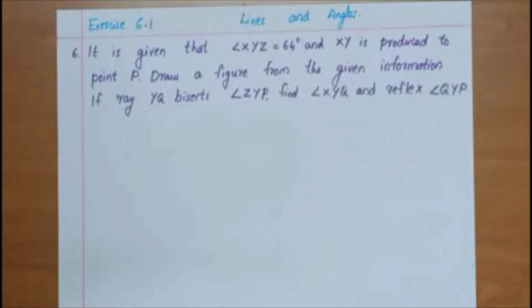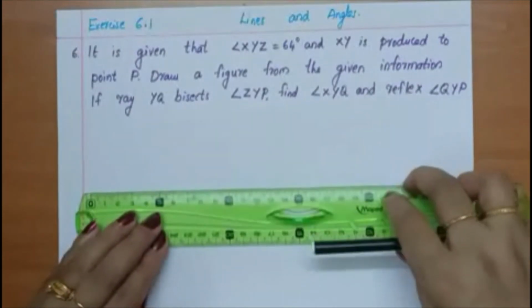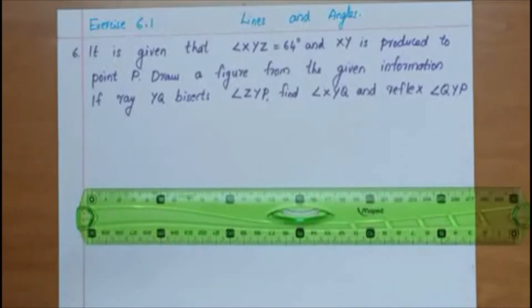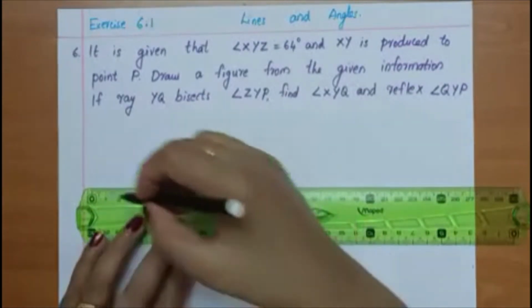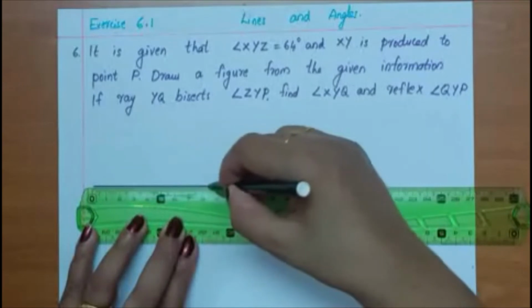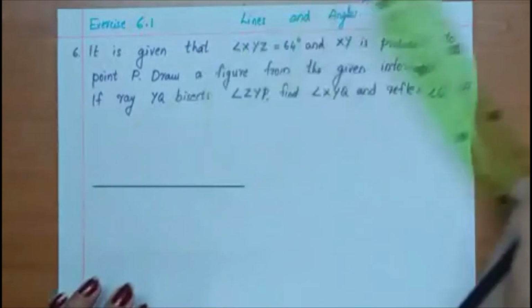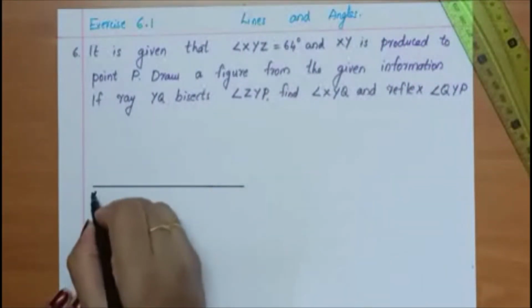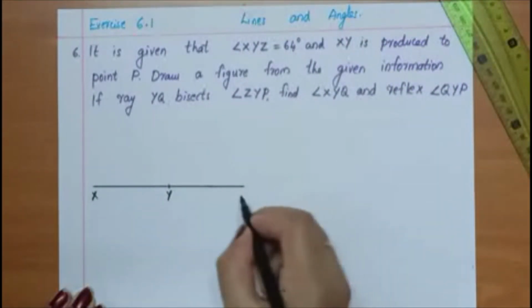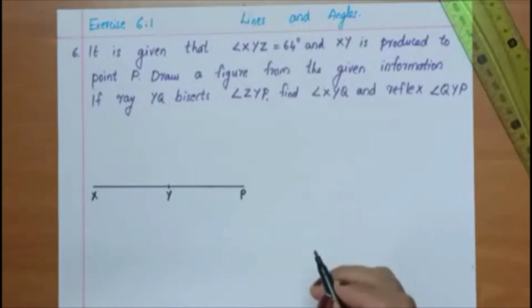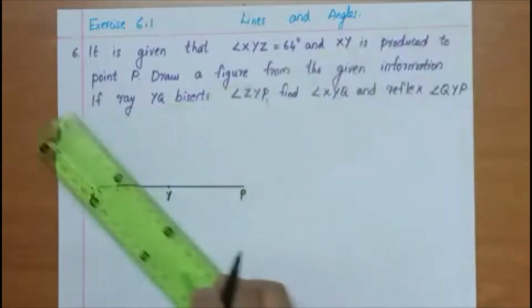So take a ruler and draw angle XYZ equal to 64 degree, with XY produced to P. First of all, we draw a line XY that is produced to P. So I am marking X here and Y here, and it is produced to get point P, and given angle XYZ equal to 64 degree.